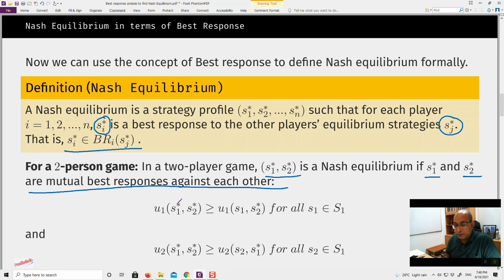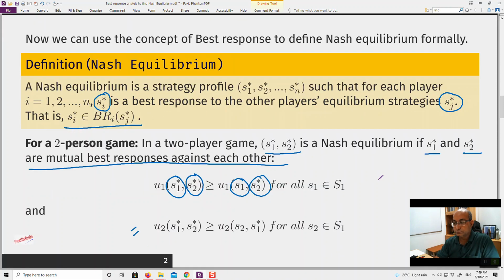So for player 1, when he is playing the best response against the best response of player 2, the resulting payoff is greater than or equal to when he plays something other than the best response while player 2 plays his best response. Similarly for player 2 also. So this is the basic idea of Nash equilibrium using the concept of best response.